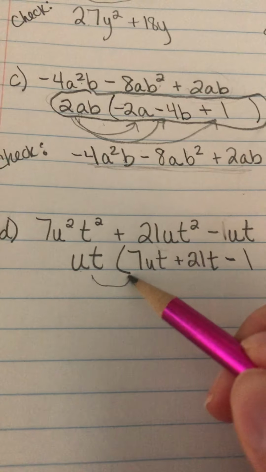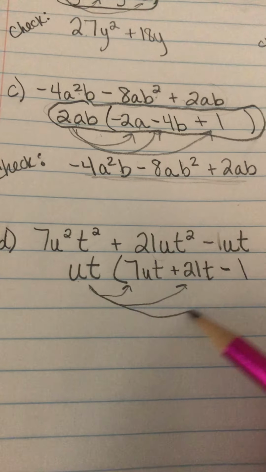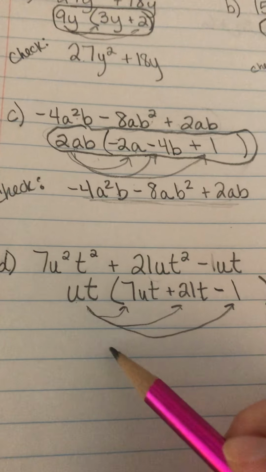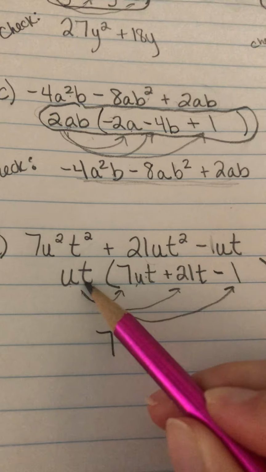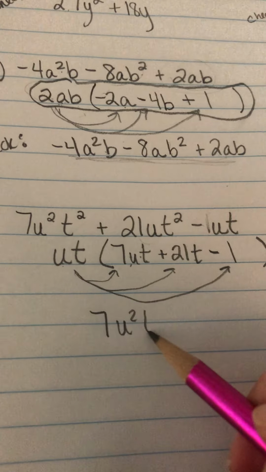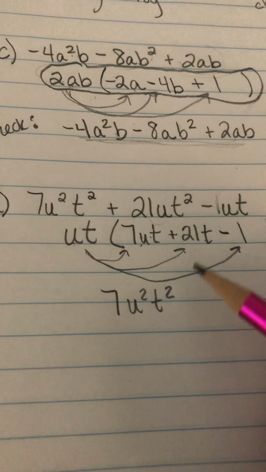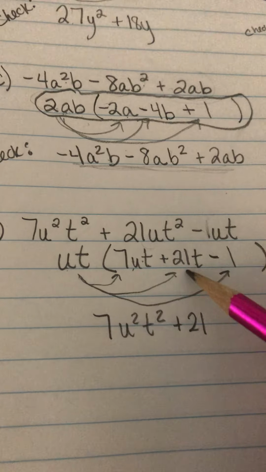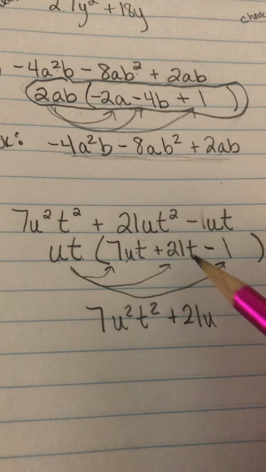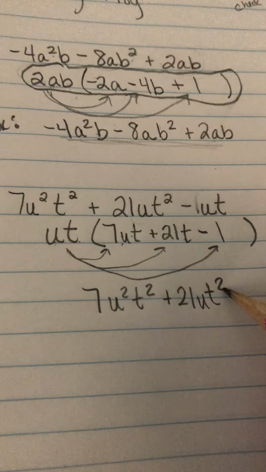Because then when we go check by distributing out the UT, we'd have 7, and it would be U squared T squared, because we have U times U, T times T. And then again, we'd have plus 21, then it'd be just U, and then T times T would be T squared.